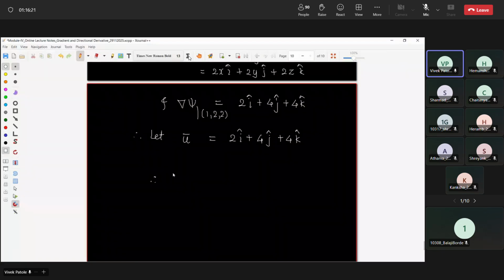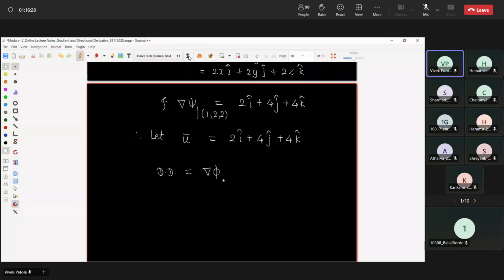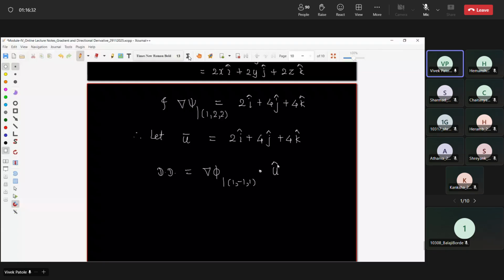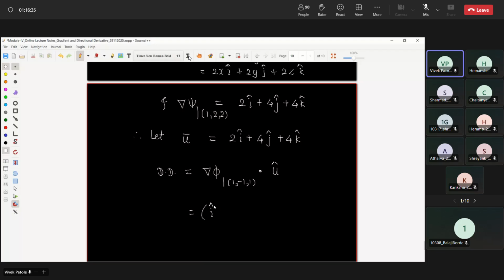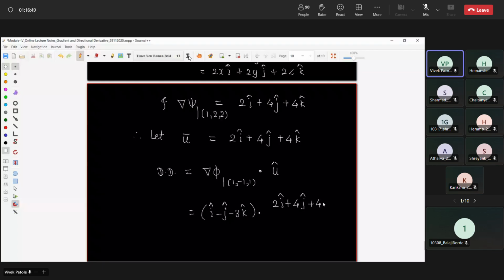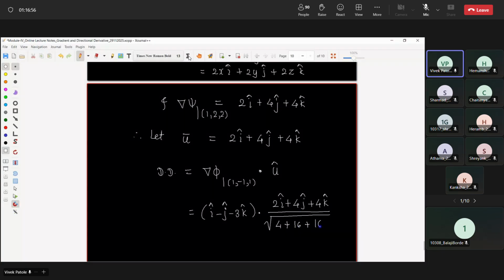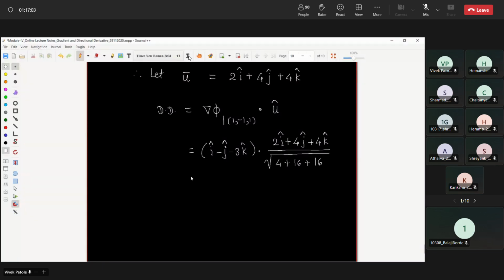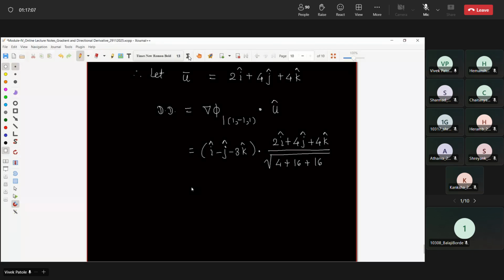Therefore the directional derivative is equal to del phi at 1, minus 1, 1 dot with u cap, which is equal to i cap minus j cap minus 3k cap dot with 2 i cap plus 4j cap plus 4k cap divided by under square root 4 plus 16 plus 16, which is root 36, which is 6.